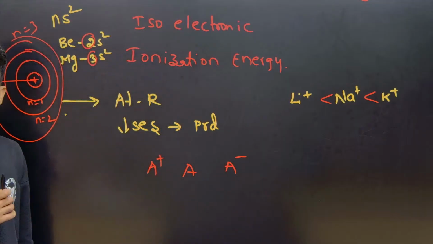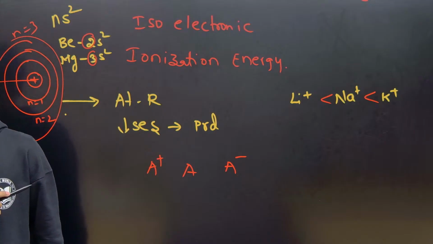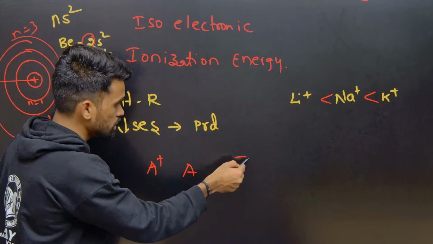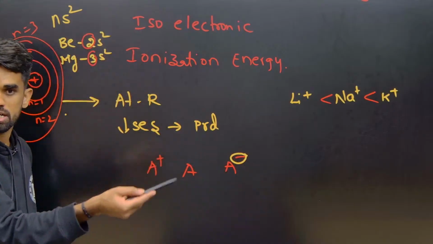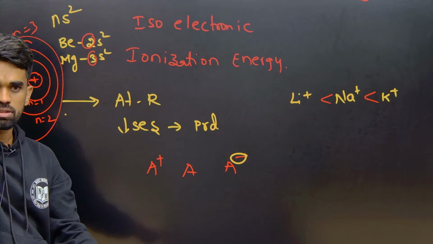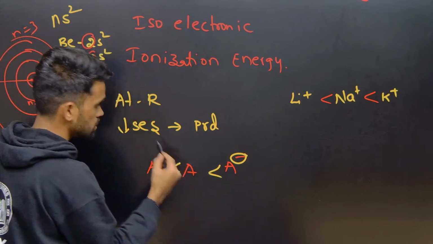Tell me the order of size. More negative charge means more electrons, so the electron cloud is bigger, so the size is also bigger. So anion is larger than atom, which is larger than cation.